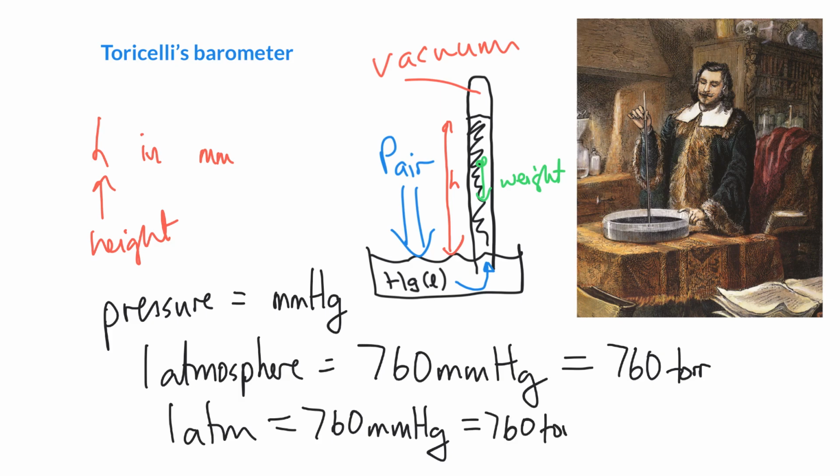That's 760 torr for Torricelli. And if we use the SI unit of pressure, it is 101,325 Pascal. Pascal is the SI, the preferred unit for pressure, although quite frankly, outside of physics land, it's really not used as often as the millimeter of mercury, the torr, or the atmosphere.